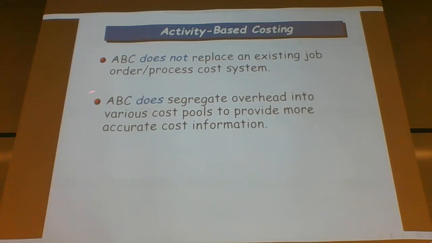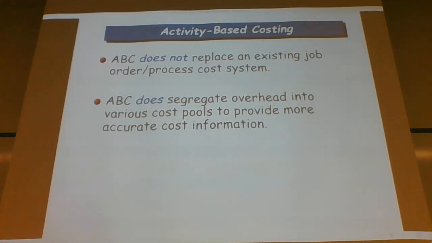Now when we look at this point here, I would emphasize something. The use of activity-based costing is a cost in itself. So when we look at this second point, we do need to understand from a business perspective. Let's take off our accounting hats for just a moment and think about this from a business perspective.